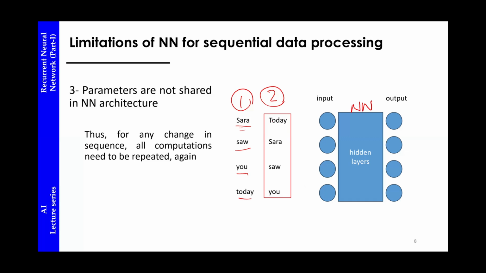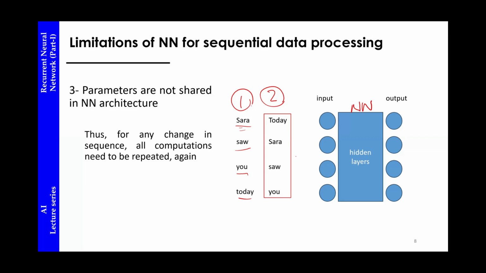If you use neural networks, for the first sentence we need to run our neural network and get an output, and for the second sentence, again, we need to rerun our neural network.